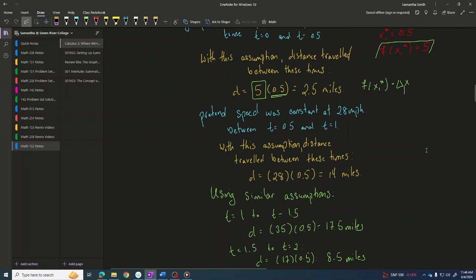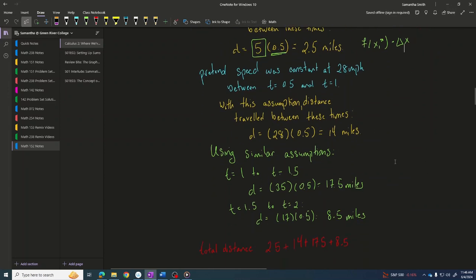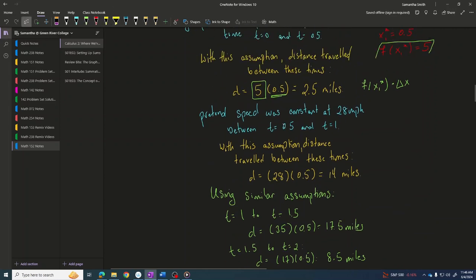And then we did the same thing for each of these other time intervals. Down here in yellow, we went ahead to our second time interval, where i is equal to 2. In this second period of time, we chose to assume that the speed was constant at 28.